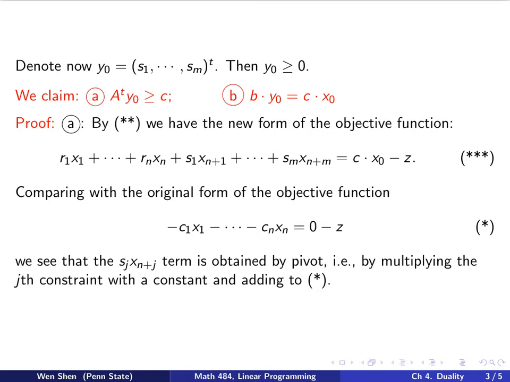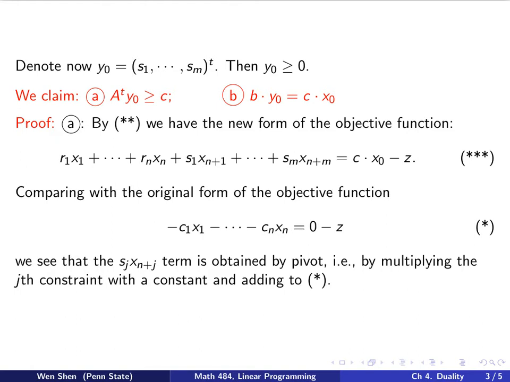Let's call this one single star. In single star, I have only terms x1 to xn, I don't have the slack variables, while in the triple star form, I have all these slack variables, possibly non-zero.